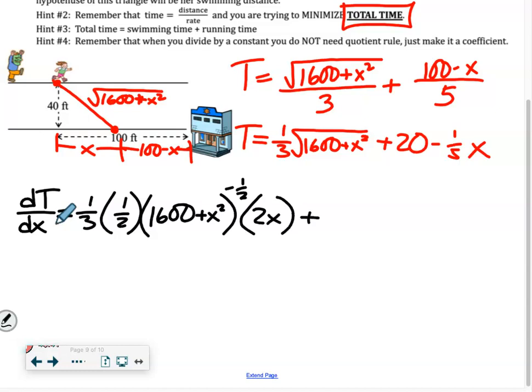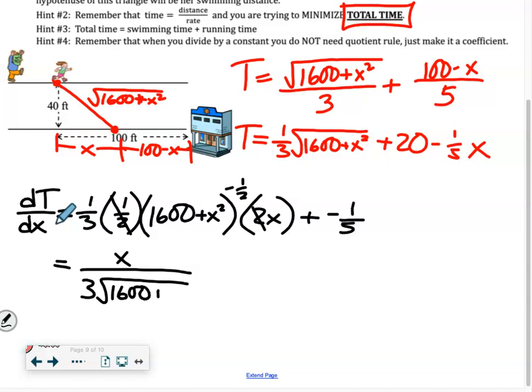What's the derivative of 20? 0. Okay, so plus negative 1/5. So I should just put minus 1/5. That's okay. All right, so let's clean it up. The half and the 2 can cancel. So we're left with x over 3 root (1600 plus x squared) minus 1/5.